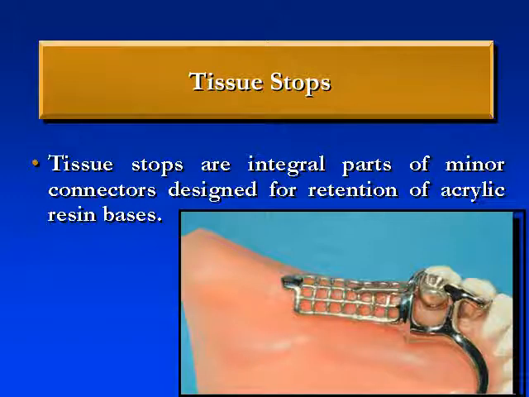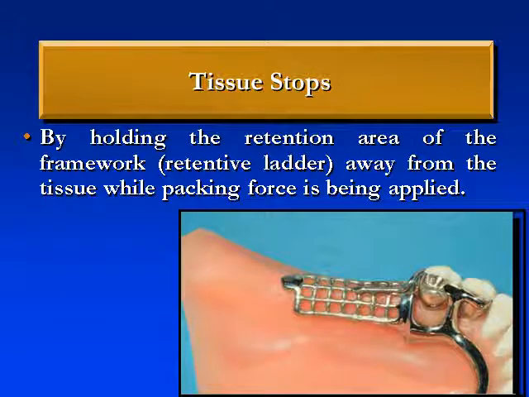This minor connector is designed for the retention of the acrylic resin denture base. In the ladder area, this minor connector is an integral part for the retention of the acrylic resin during the design of the removable partial denture, and the tissue stop is an integral part of this minor connector.